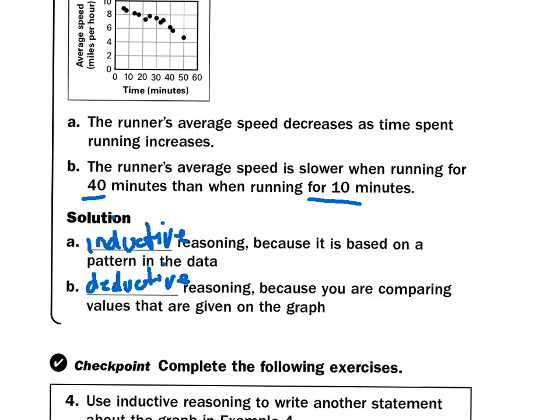And they have to be on the graph. Okay? We're not going further in the future or going backwards. We're just saying on this graph, this is evidence that I can tell you that I know is true. So checkpoint, do those two checkpoints and bring it to class tomorrow.